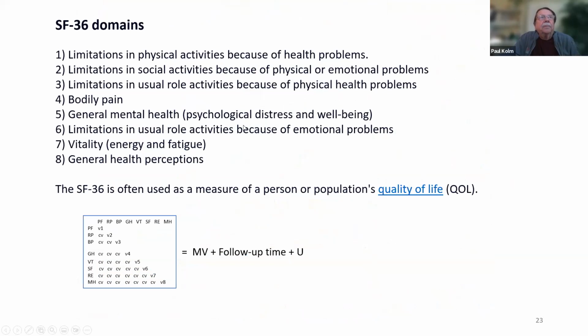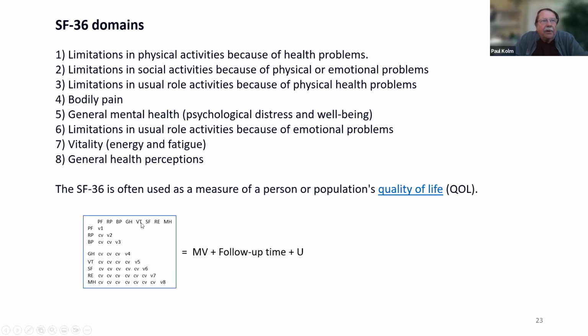So this is just the word descriptions of the SF36 domains, the 8 of them. And so we're going to look at the SF-36 as a measure of quality of life. But at the bottom here, I have the model. And so you can see the difference here, where on the left-hand side, I no longer have just a single variable.